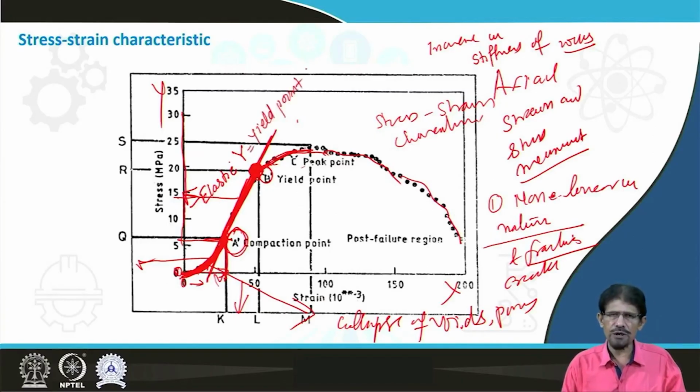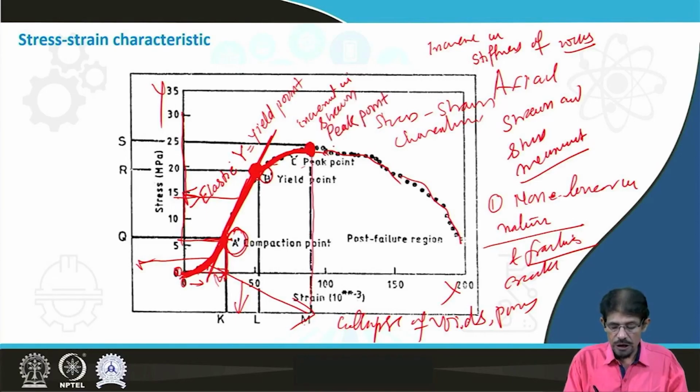Further, in progress of deformation and increment in stress value, there is a further deformation in non-linear fashion. With respect to this x-axis, we get a concave type of geometry of the stress-strain curve. This concave geometry indicates an increment in strain. This peak point, technically, we recognize as the failure point.